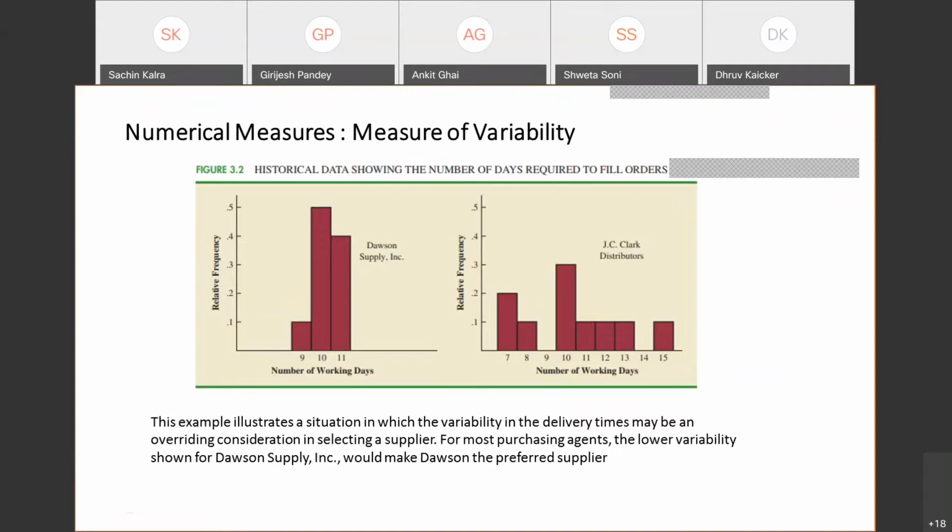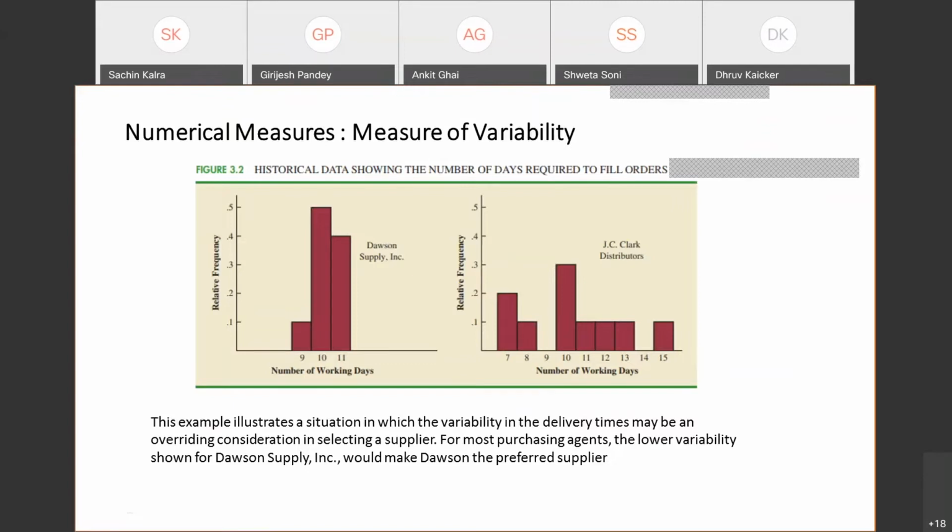So this example illustrates a situation in which the variability, from range to variance, just connect all these dots together, in the delivery times may be an overriding consideration in selecting a supplier.